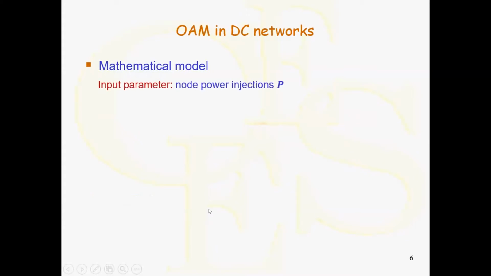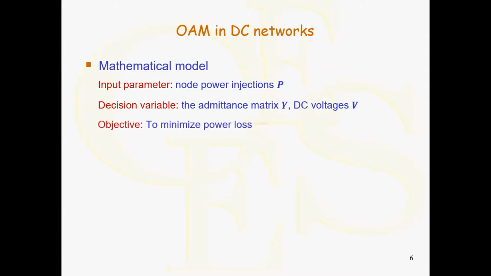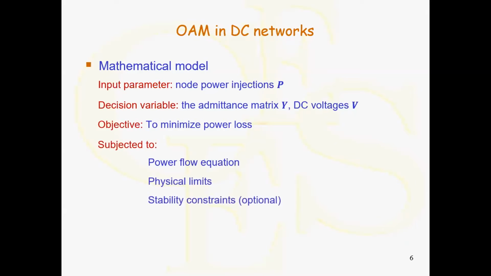So the input parameter is the node power injections P, and the decision variable consists of the admittance matrix Y and DC voltages vector V. The objective is to minimize the power loss, which is subjected to the following 3 classes of constraints: say power flow equation, physical limits, and possible stability constraints. And we will expand these constraints later.